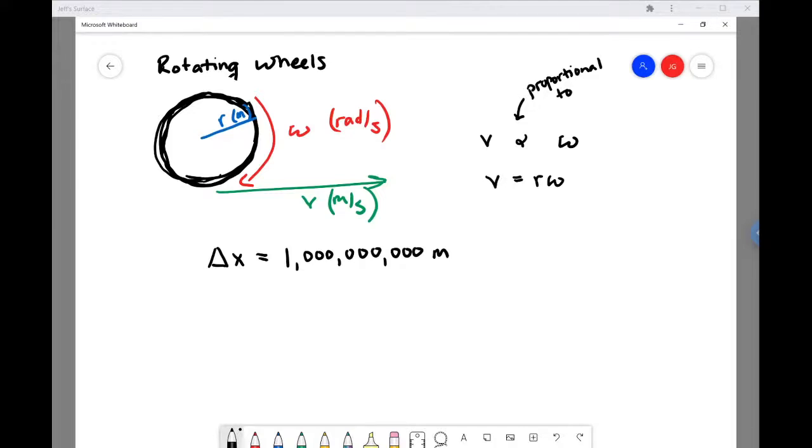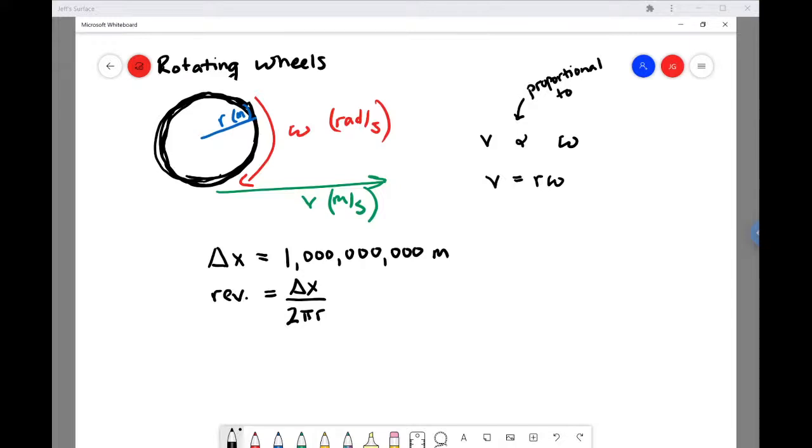Right. Let's just write it out like this. REV, for revolutions, is going to equal the total distance traveled divided by the circumference, which would be 2 pi r.